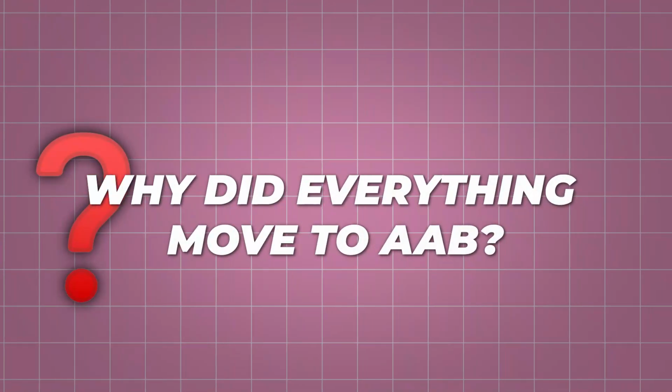Why did everything move to AAB? Until 2021, developers used to upload an APK file directly to Google Play, but that comes with a few problems. A single APK had to include resources for every device, language, and screen configuration. That made it heavy. For example, you speak English, but the APK also includes Chinese, Hindi, German, and 12 versions of the same icon.